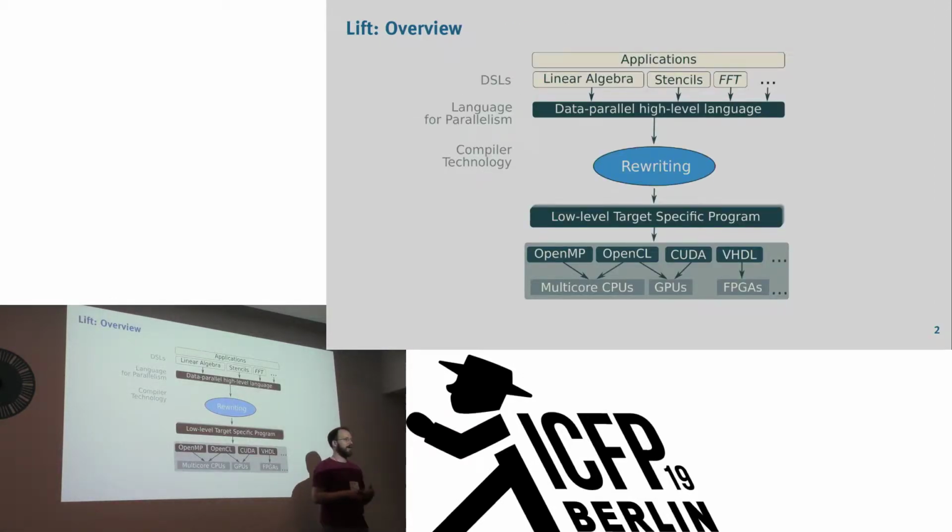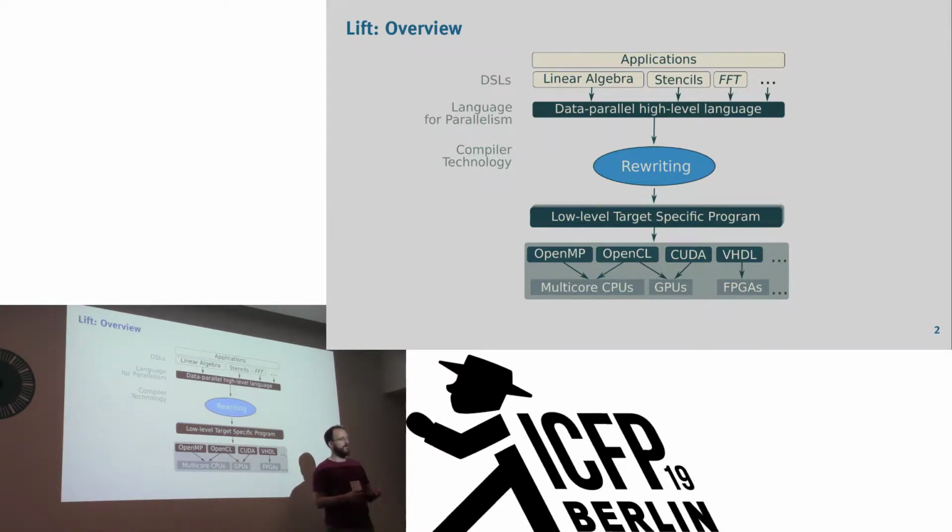Lisp is a compiler with a data parallel high-level language in which we can express applications on a high level. We only say what we want to compute, but not how we want to compute it. And then the Lisp compiler takes these high-level programs and rewrites them into low-level target-specific programs that then specify, for example, parallelism versus sequentialism, how to use memory, and these kinds of things.